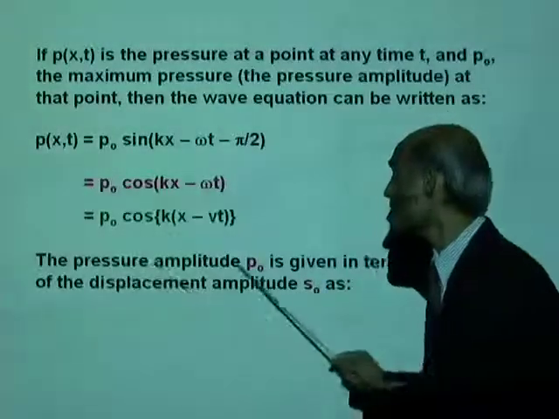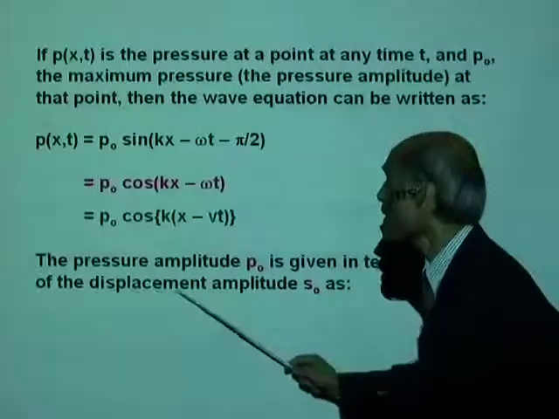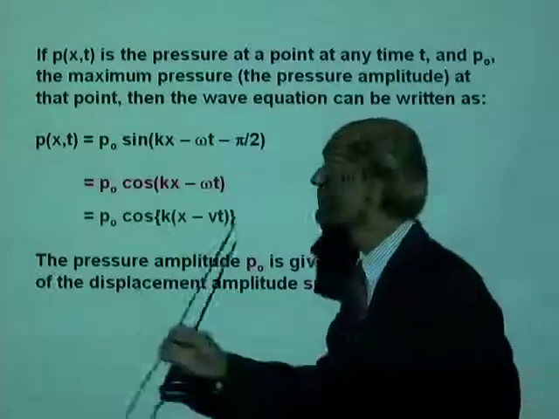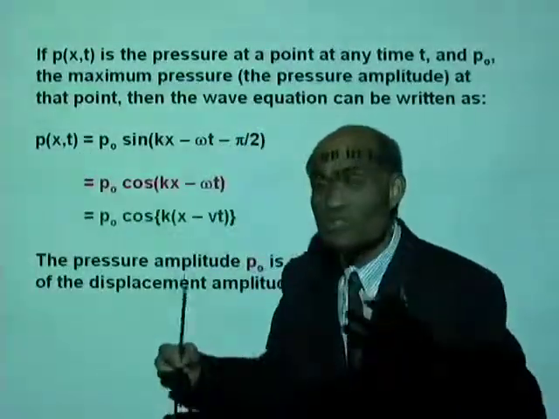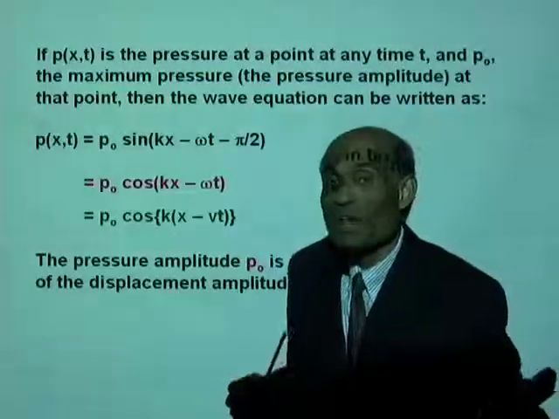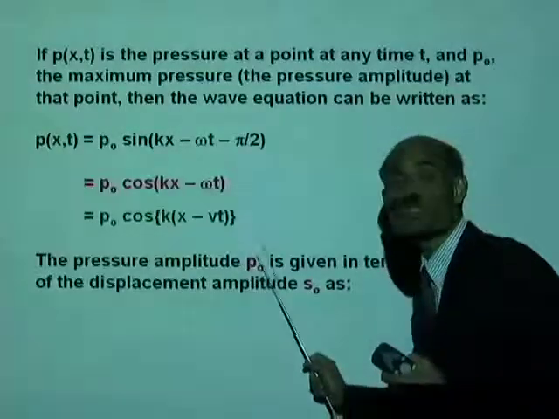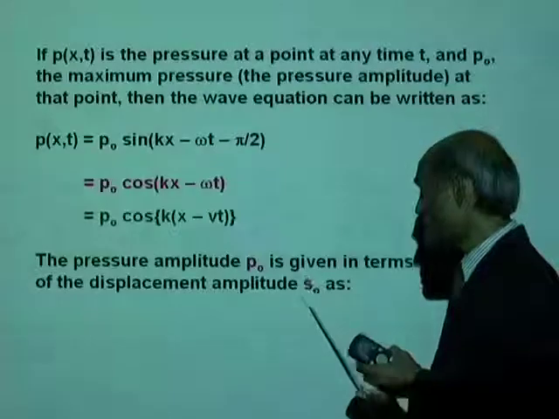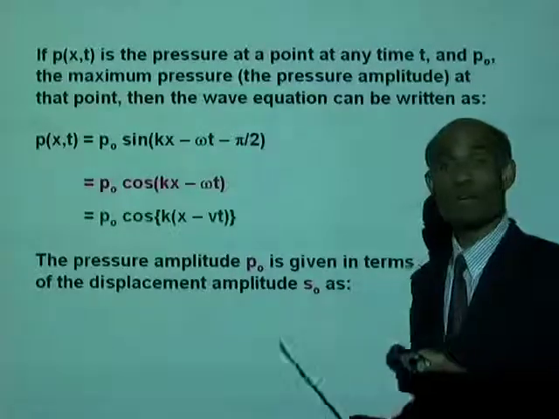The pressure amplitude P0 is given in terms of the displacement amplitude S0. Remember, we expressed this equation using the pressure. We adapted the equation from displacement. And so you must be familiar with a relation connecting pressure amplitude P0 and the displacement amplitude S0. It's an important relation.